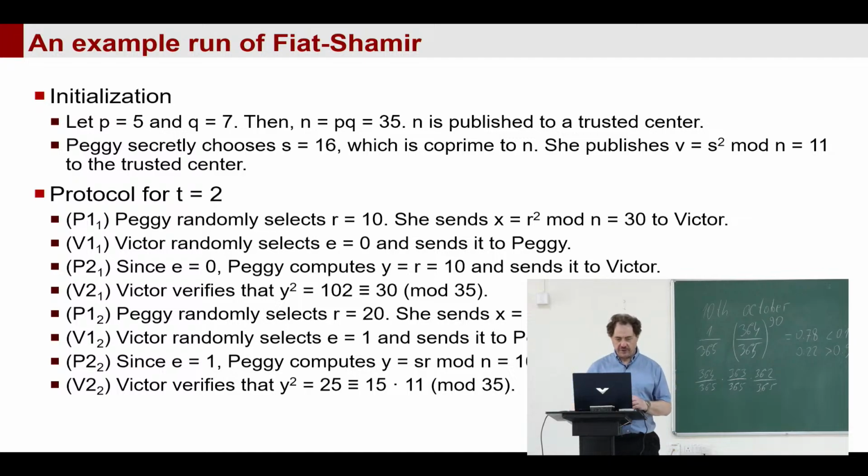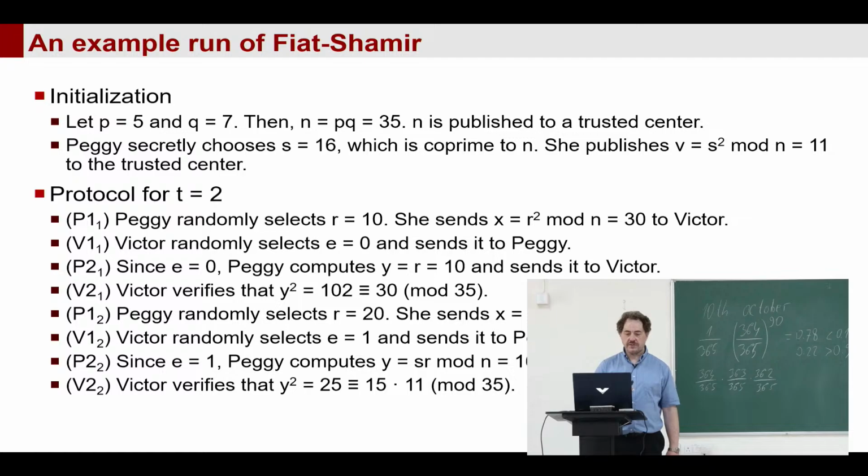Now Peggy, the prover, secretly chooses 16. 16 is coprime to 35 because they don't have any common divisor. She calculates 16 squared modulo 35, which is 11. And that's the public key of Peggy.